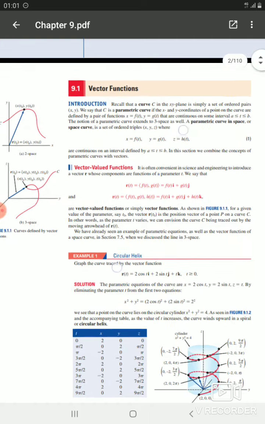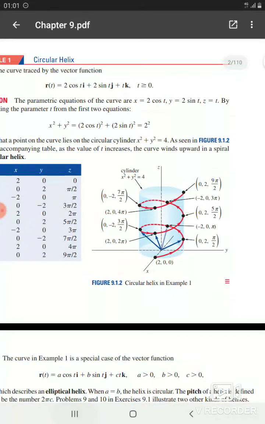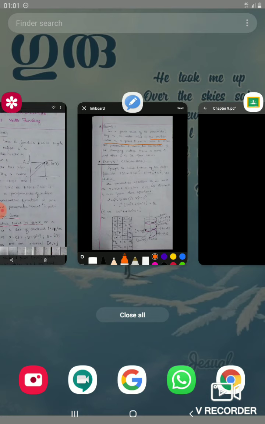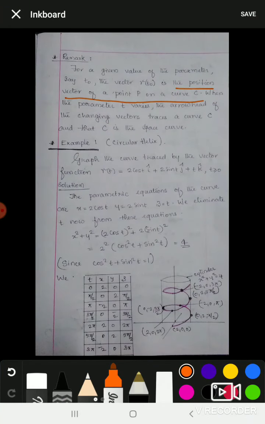Okay, now we will go for the example. These all things we have looked on. Now we will move on to another example, that is example 1, circular helix.